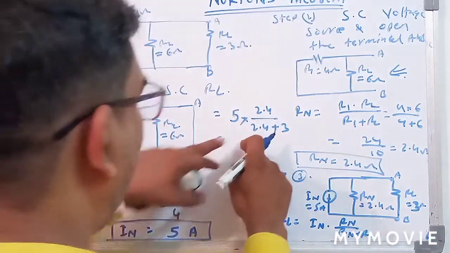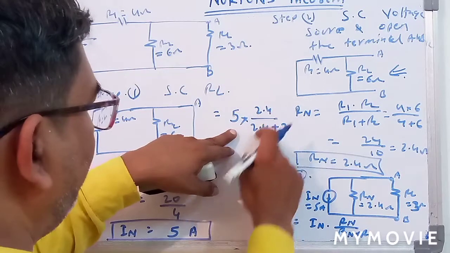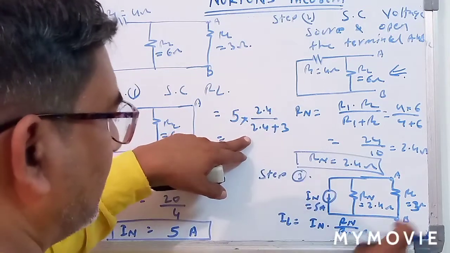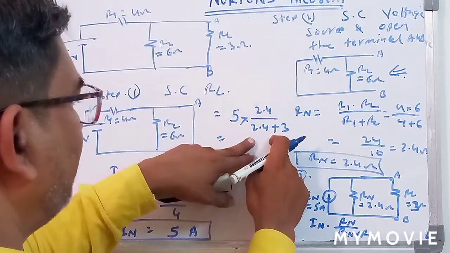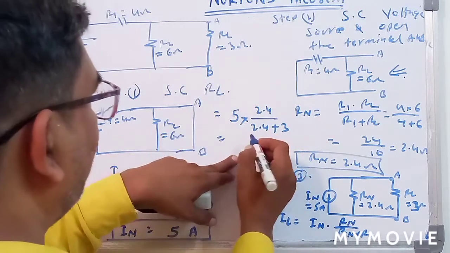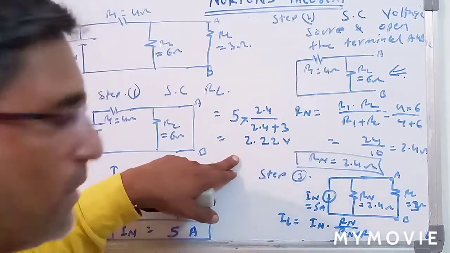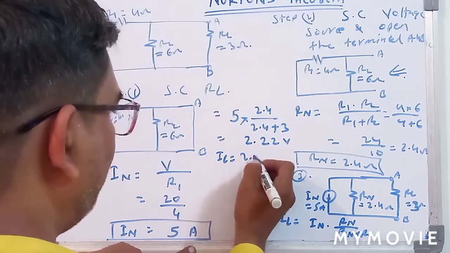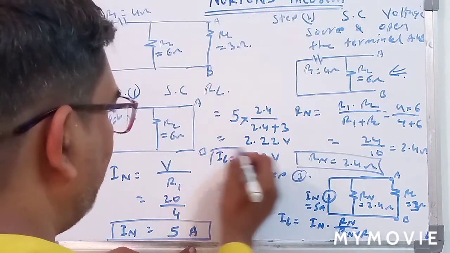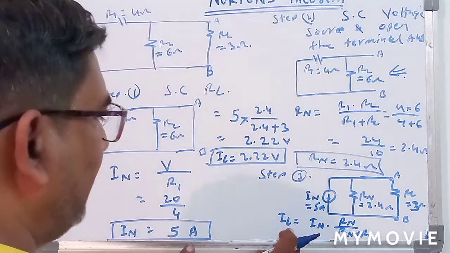So after calculating we will get the value. 5 multiplied by 2.4 divided by 5.4 will give you the value 2.22. So you have got IL is equal to 2.22, you make it in a bracket. This is the value for IL.